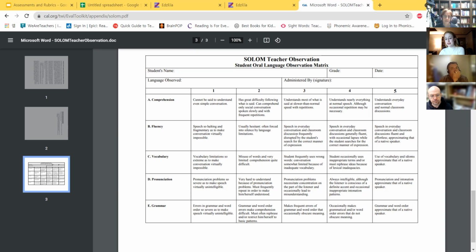I think they're really great, but of course it's whatever you want to do in your own classroom. I can send this in the chat. Any other questions? All right, there's your SOLOM matrix. You're welcome.